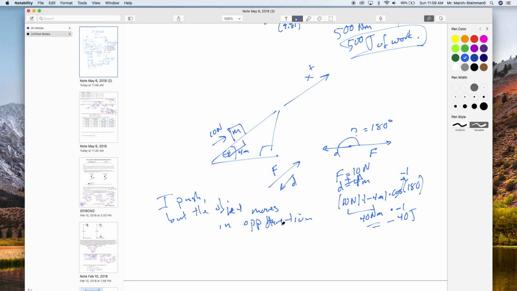So while I may be reducing the energy of the object in the downward direction, in essence you can think of it as reducing energy of the object in the downward direction.